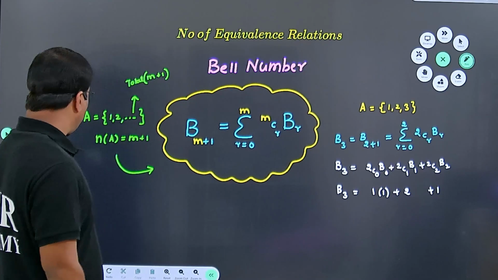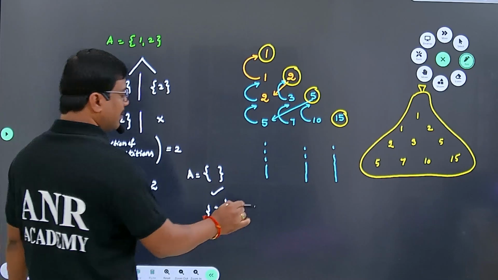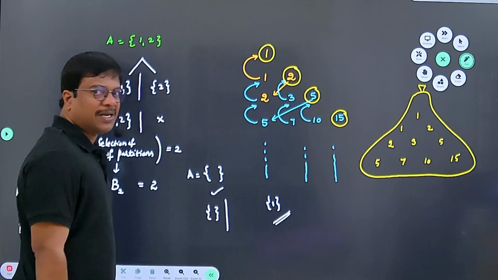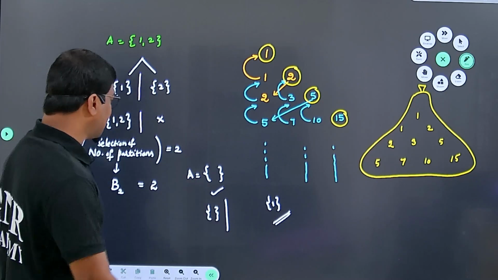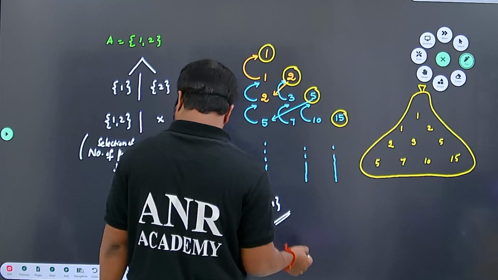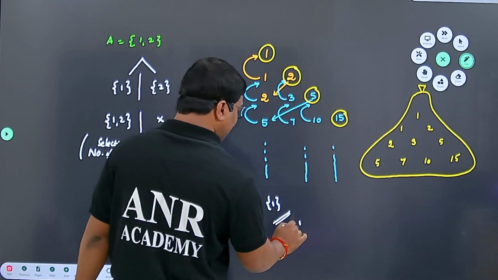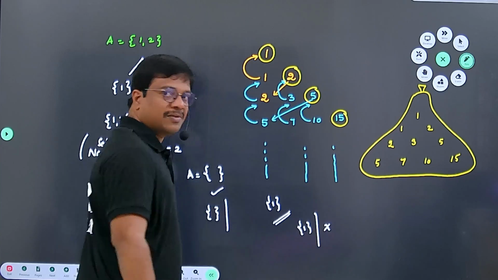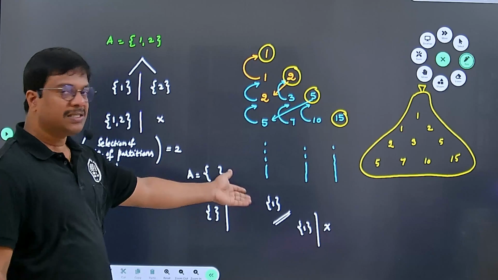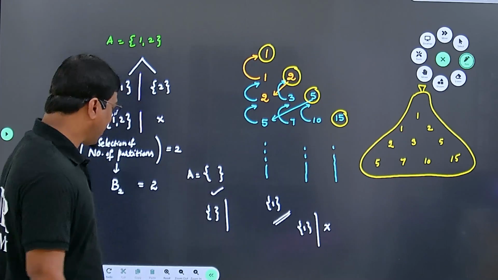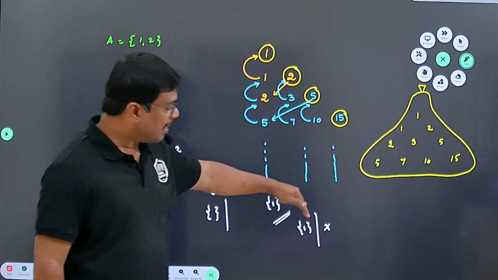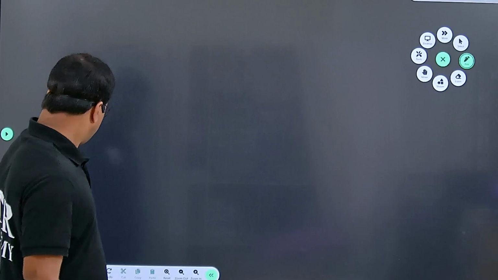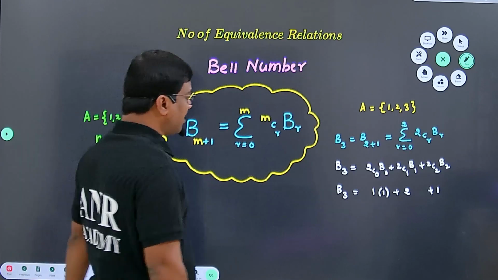If a set contains only one element, there are no partitions other than the set itself. So only one possibility is there. This is the way of selecting partitions when the set contains only one element. You can write 1 as one partition and the other nothing. So there is only one possibility.